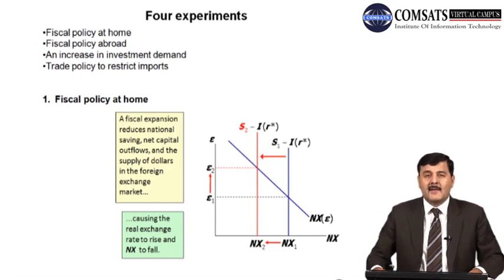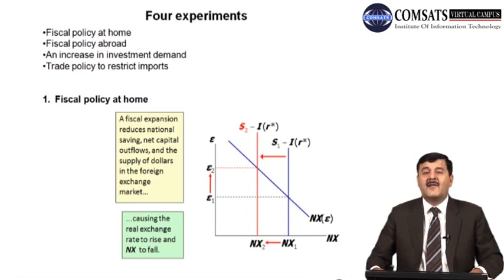First we talk about fiscal policy at home. As you can see in the diagram, on the y axis we are measuring the real exchange rate, on the x axis the net exports. We have S minus I, the given supply curve of currency, and a demand curve which is the net export curve.